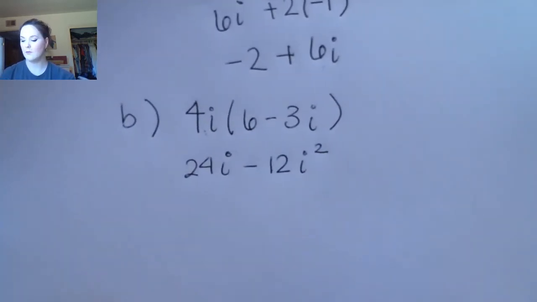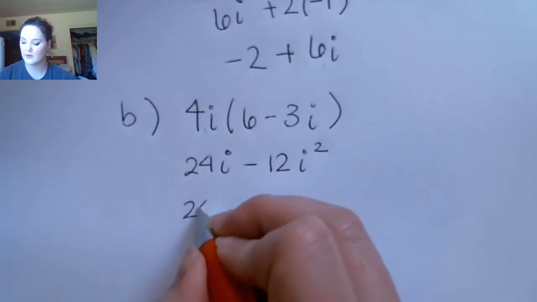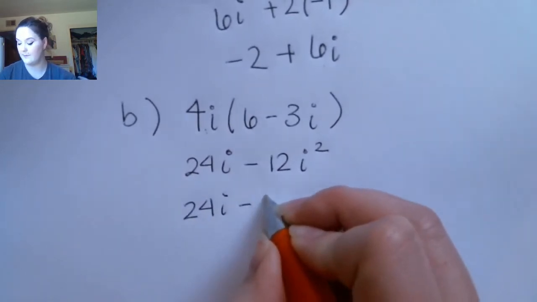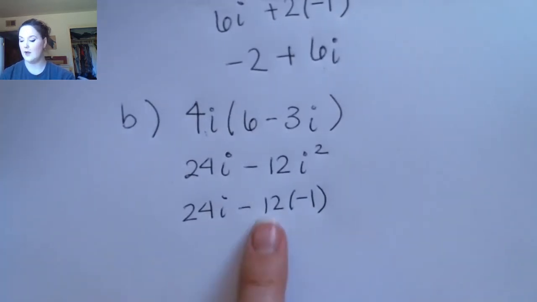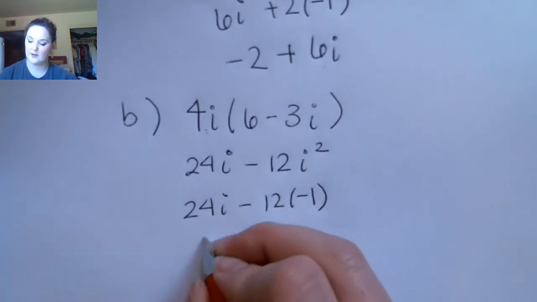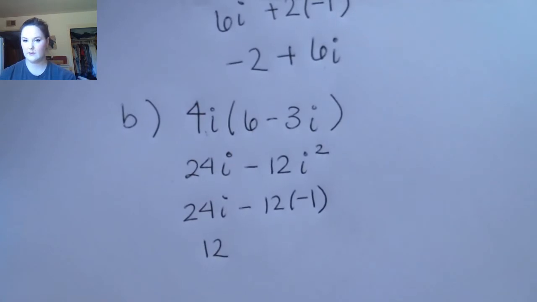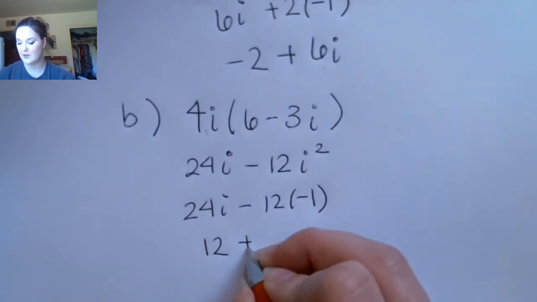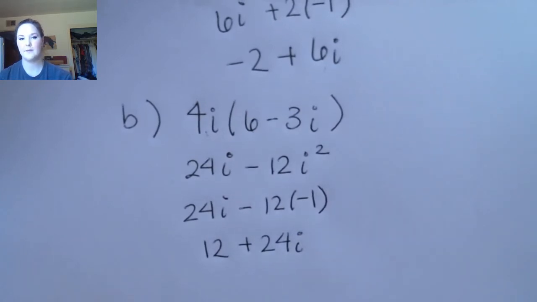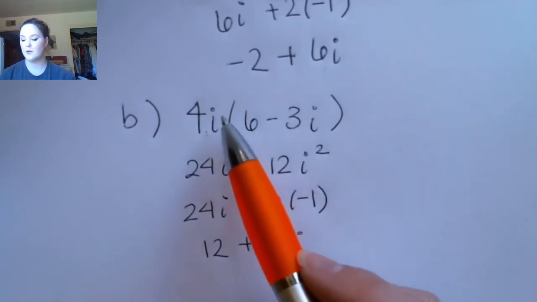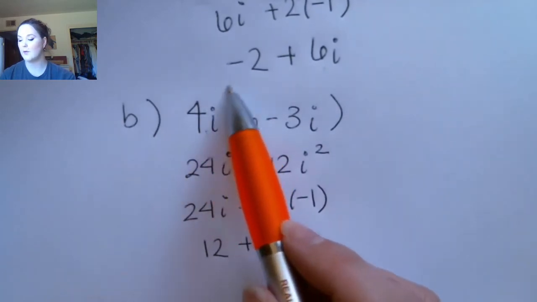Again we're going to replace the i squared with negative 1. So negative 12 times negative 1, the real part is positive 12, and then our imaginary part is plus 24i. So you're really treating this like you would another binomial at the beginning, where you're distributing.